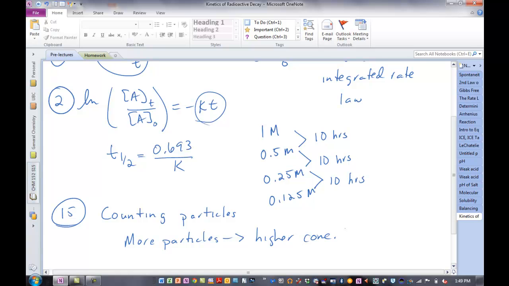So if you see in problem 15, it talks about a sample of wood from an Egyptian mummy case that has a carbon-14 count of 9.4 counts per minute per gram. So that's how many counts are coming off every minute per gram of substance. Okay? Compare that to something that's still living, that would have a decay rate of 15.3 counts per minute per gram. So the higher amount is the initial. The lower amount is the concentration at the later time, right?